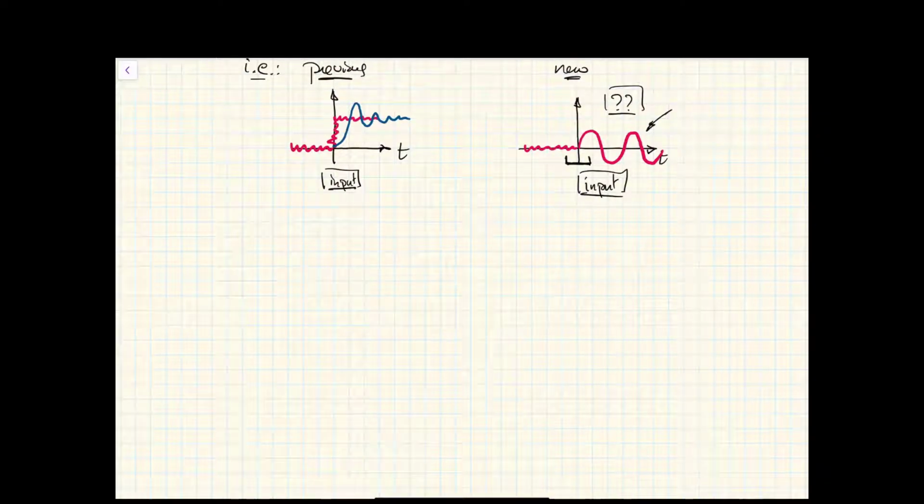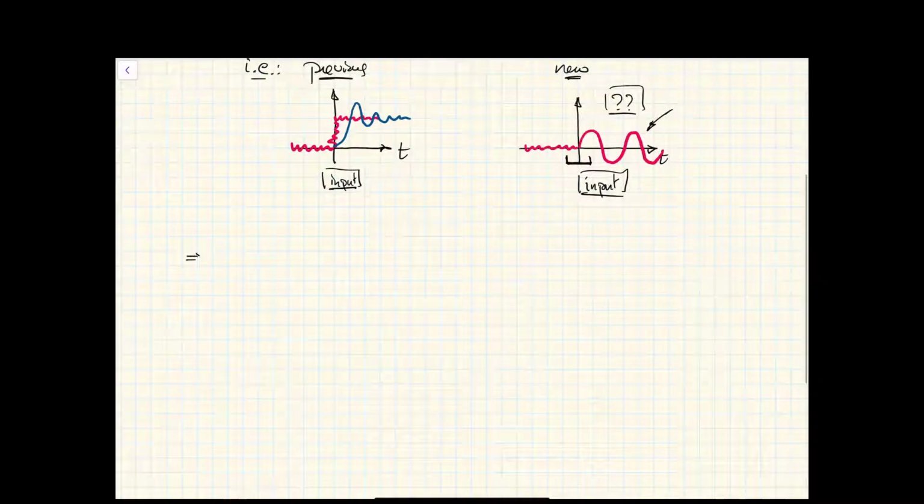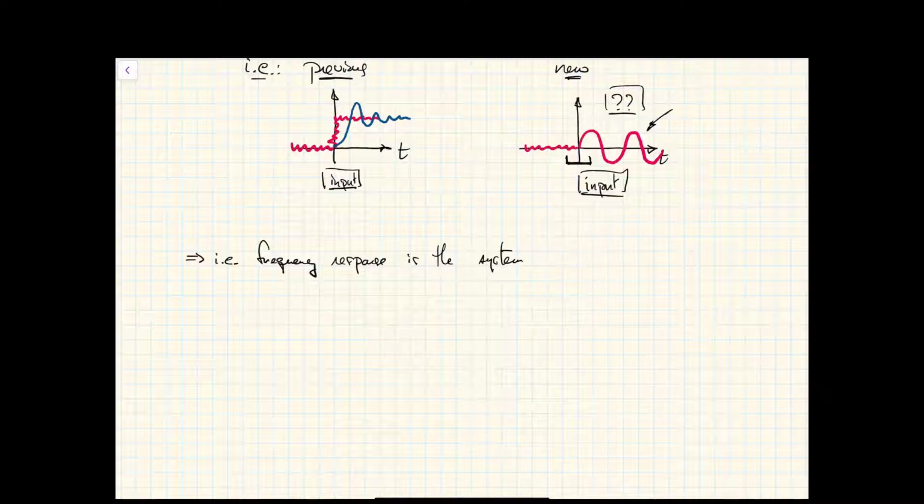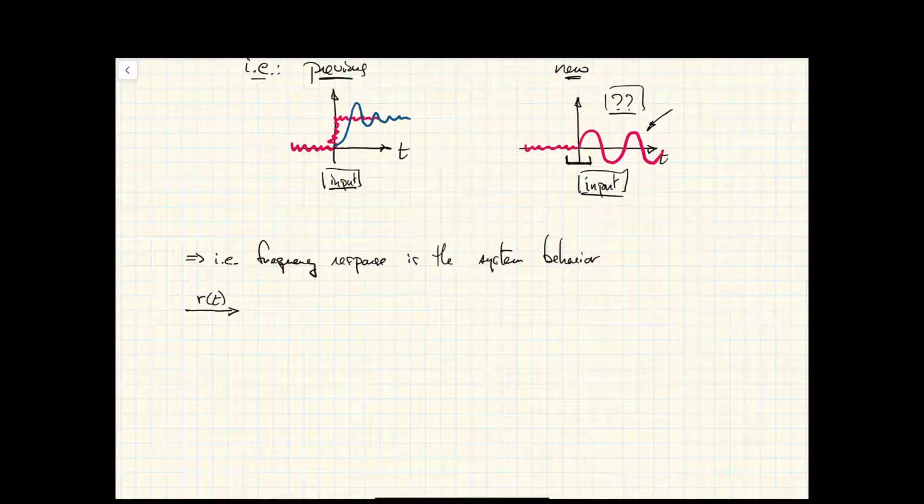So another way to express this is that this frequency response is the response, the system behavior, and again, I'm looking at a system that's going to look like this.